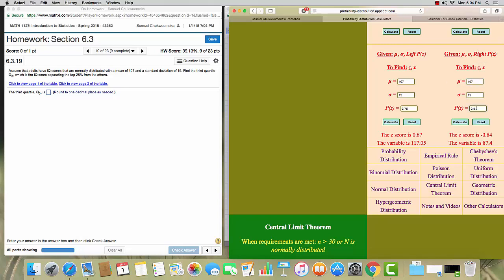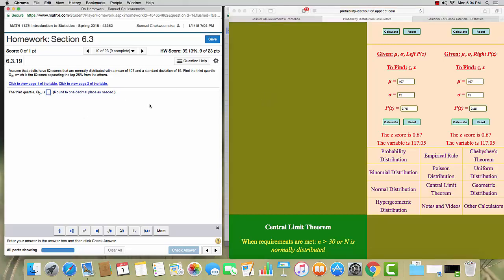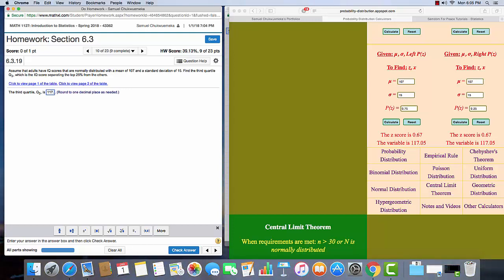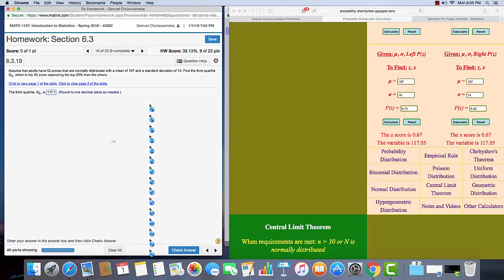For the upper part to the right, we have to put 0.25 and then press enter. It still gives us the same thing. So the third quartile is 117.05. Oh, to 1 decimal place, so 117.1.